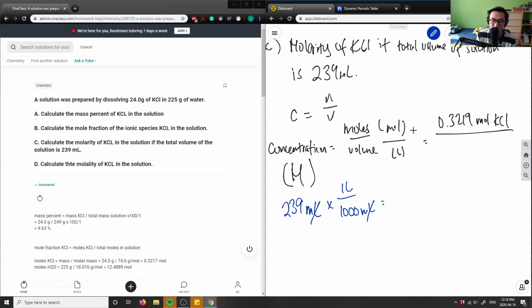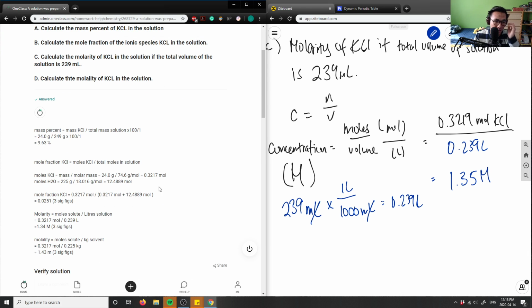So 239 milliliters divided by 1,000 gives me 0.239 liters. So we plug in 0.239 liters, and we get the molarity of potassium chloride: 0.3219 divided by 0.239. I'm doing this in 3 significant digits, so 1.35 molarity is my final answer here.